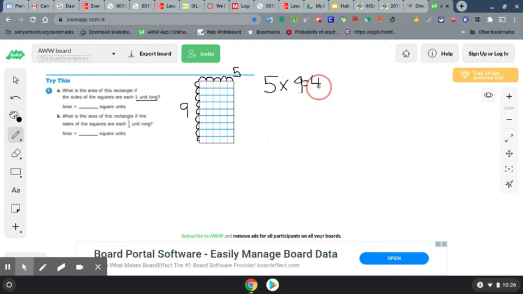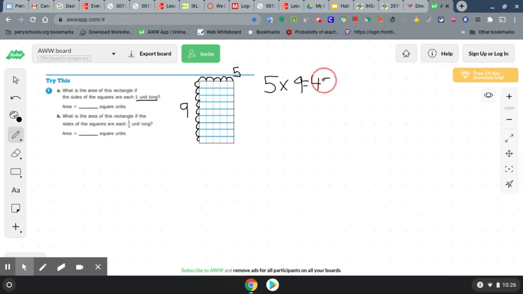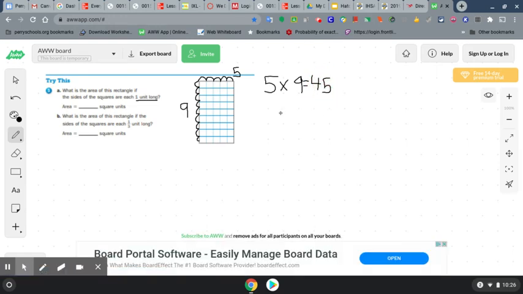And then I'm going to use the repeated addition to show you why, because repeated addition and multiplication are the same thing. Okay, so basically what's going to happen here is I'm going to repeatedly add 5 9 times.